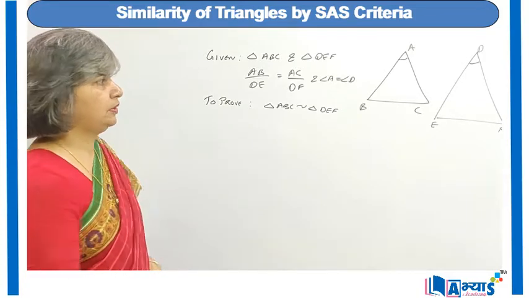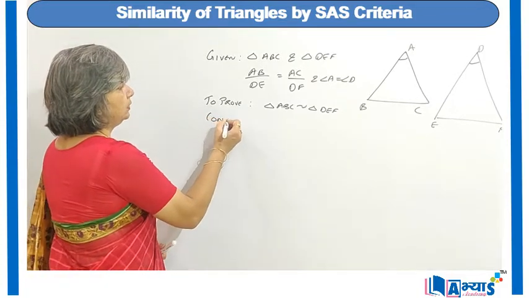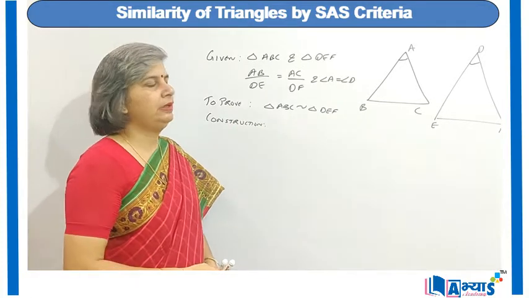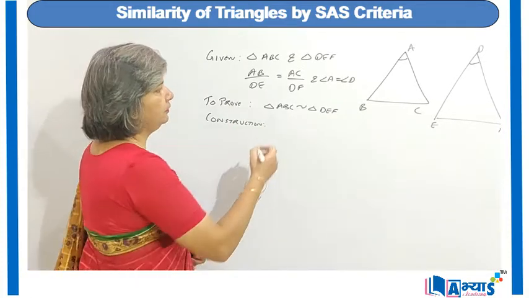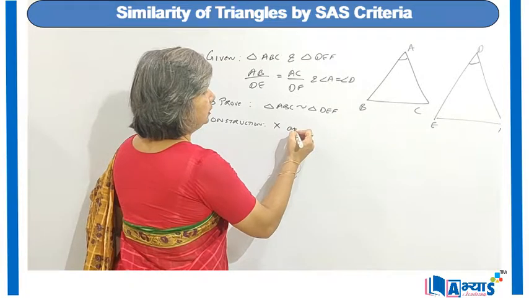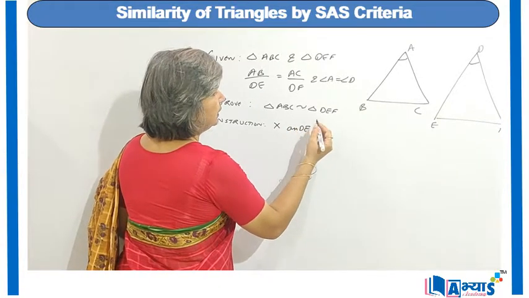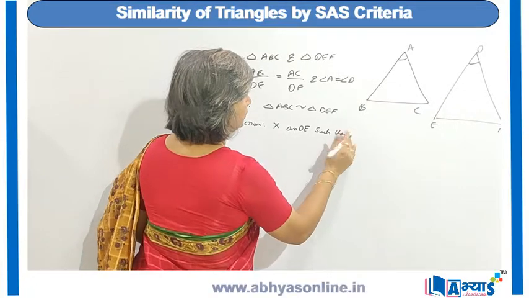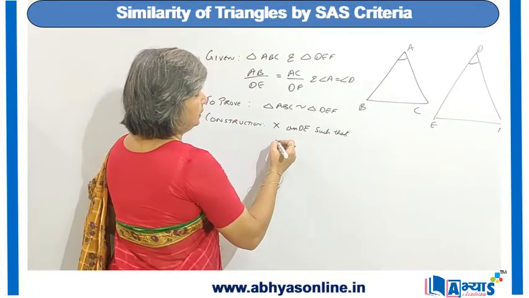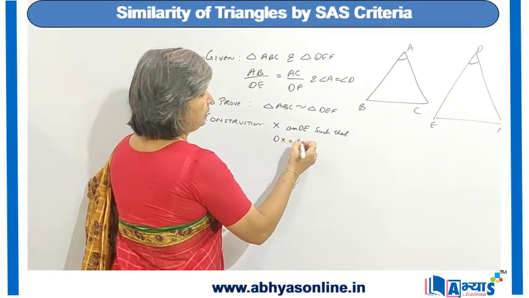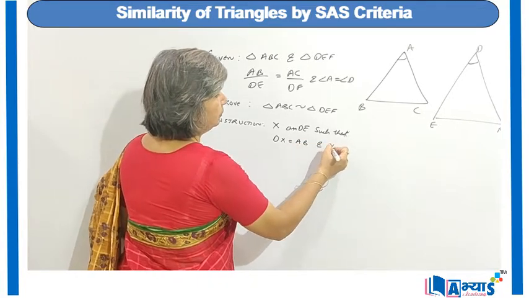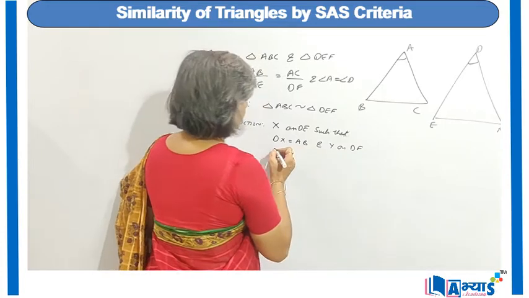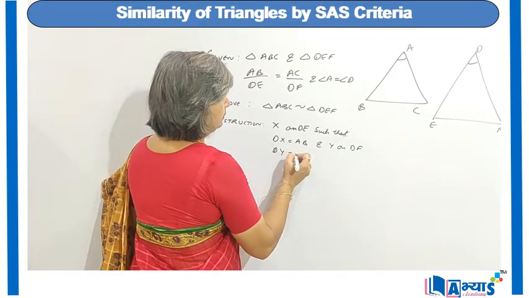So we will make some construction. We will take a point X on DE such that DX is equal to AB, and Y on DF such that DY is equal to AC.